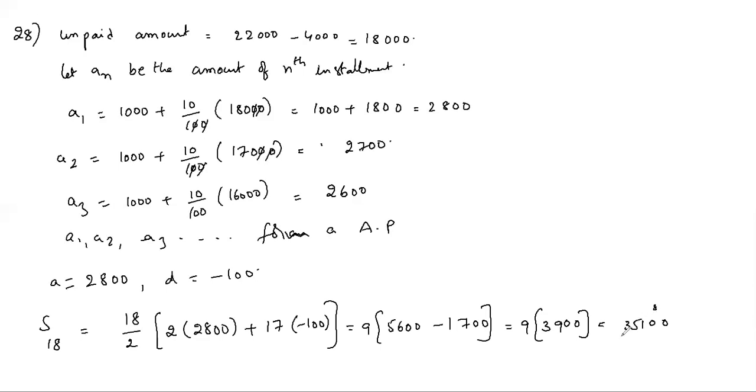So the installments he pays total 35,100. So the total cost, same again, you have to add 4,000. So the total is 39,100.